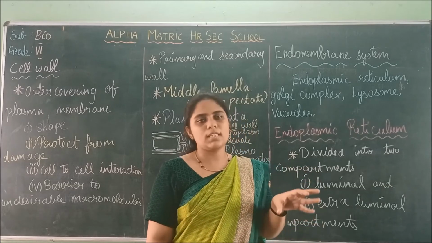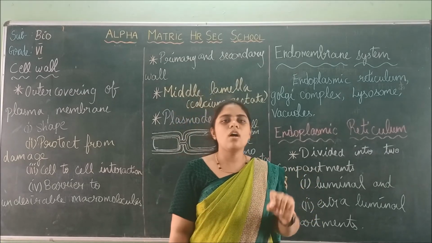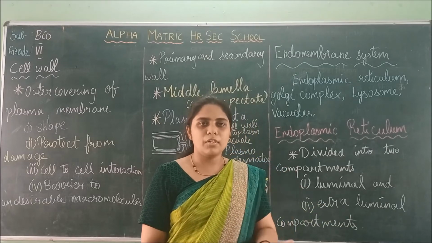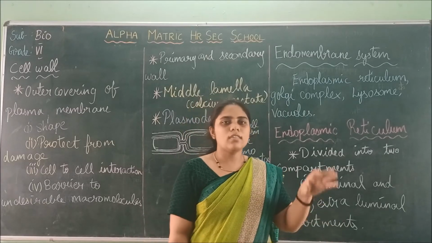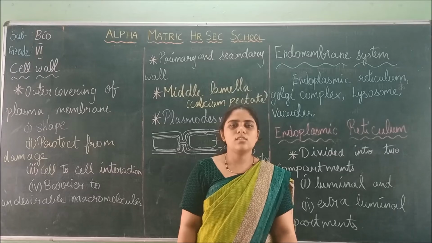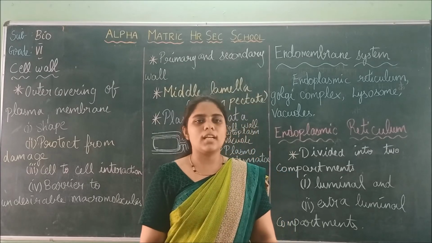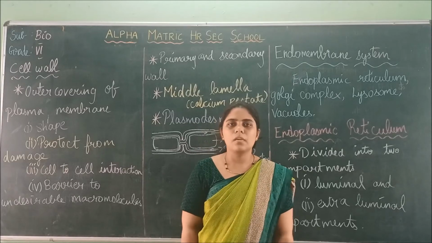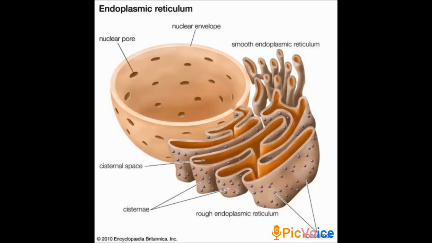In rough endoplasmic reticulum, small ribosomes are present, so it is called rough. When ribosomes are absent, it is known as smooth endoplasmic reticulum. So these are the types, and this is the structure of endoplasmic reticulum.